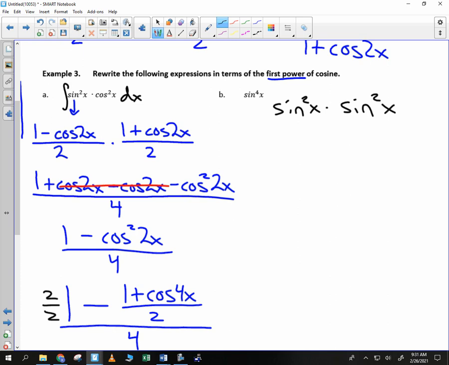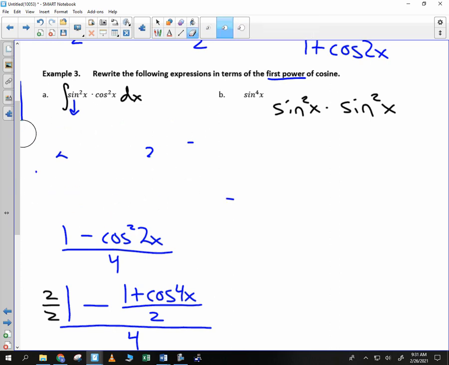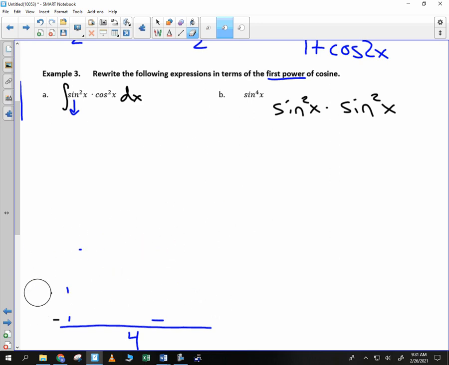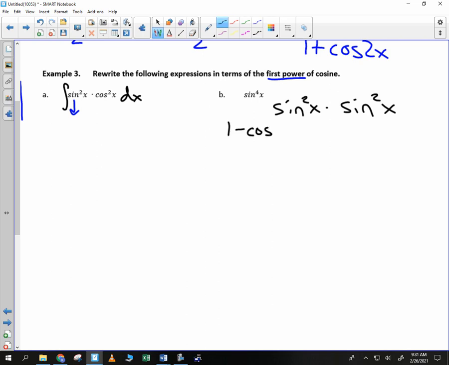Sine to the fourth. I don't really have a formula for the sine to the fourth, but I do have a formula for sine squared. So I'm going to substitute 1 minus the cosine of 2x over 2 times 1 minus the cosine of 2x over 2.